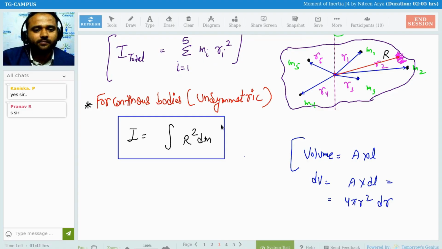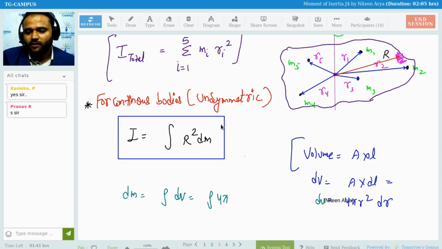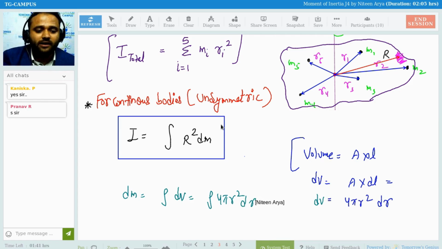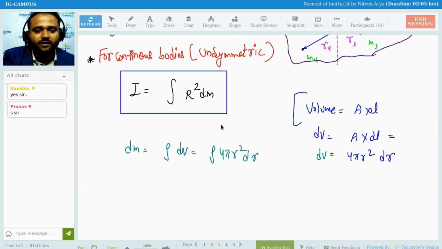So obviously for this dm, for 3D, dm is going to be rho dv, where dv is 4 pi r square dr. But I want to find I, right?